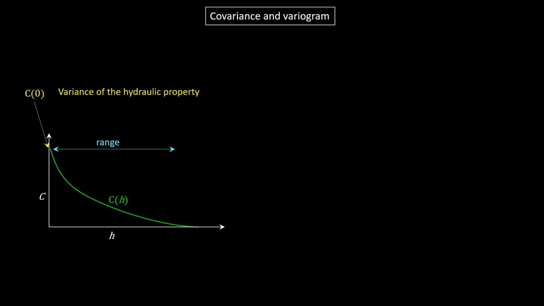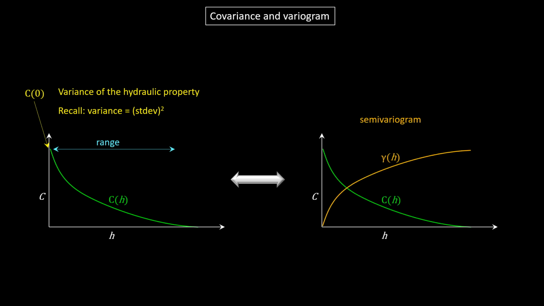Now, as I said before, we're wandering into the field of geostatistics here, and geostatistics more often describes this same phenomenon using a semi-variogram. Now, we're not going to talk too much about a semi-variogram in this video. All that needs to be said is that this brown curve is the same as this green curve, just turned upside down and moved up.